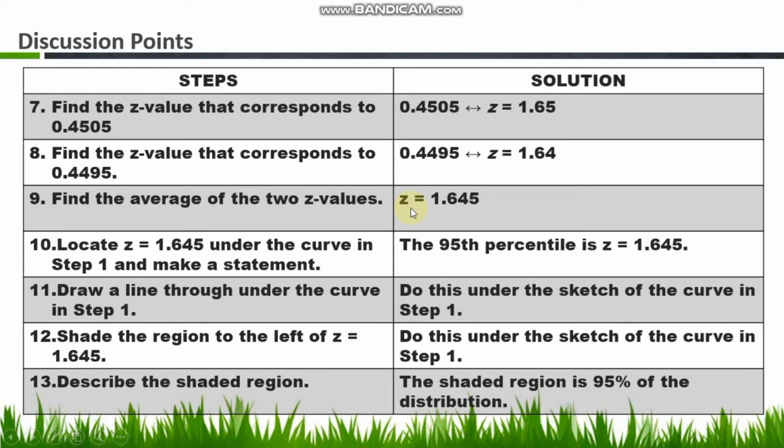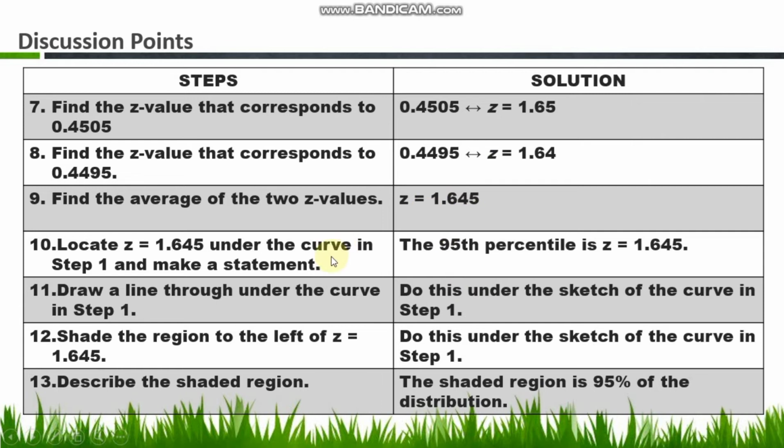In the case that there is an exact match, for example an exact z-value for the area 0.4505, that is what you take; no need to average. And if there is only one nearest value, you also just take that, no more averaging. In this case, it happened that two were the same distance from 0.4505, so we averaged the z-values. So we now have z equal to 1.645.